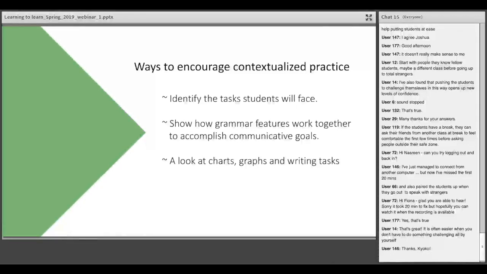And in those cases, we often don't have a lot of exposure to charts and graphs, and also sometimes to different writing tasks. And that's what we're going to look at, because most of our students are not going to be English majors. They're going to be science majors, business majors, engineering majors, and we need to prepare them to meet the demands of those disciplines.